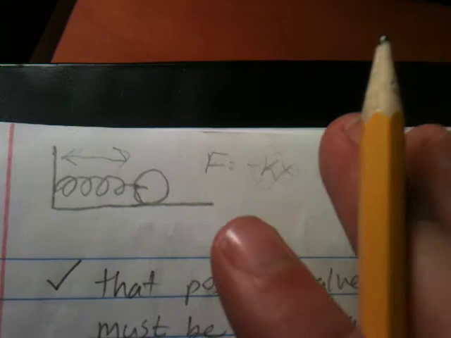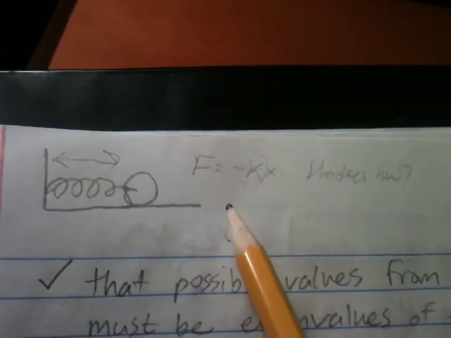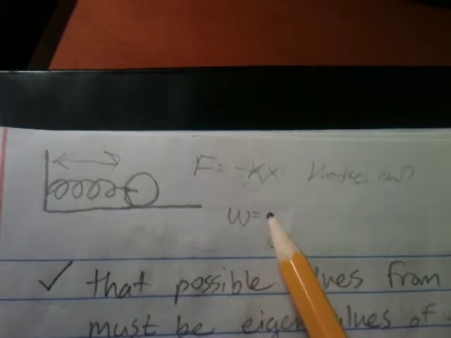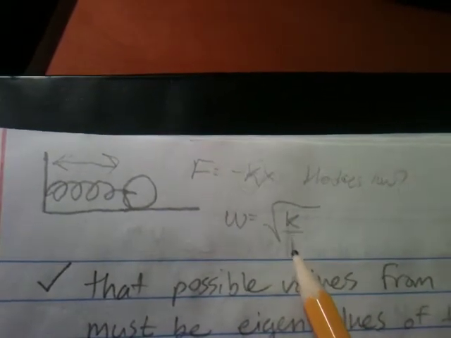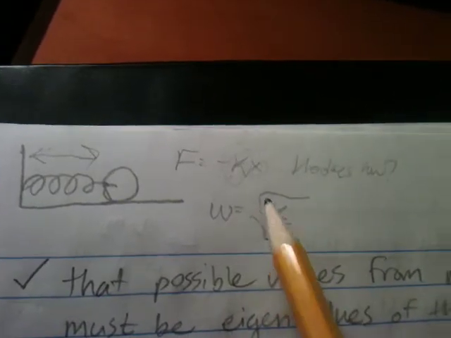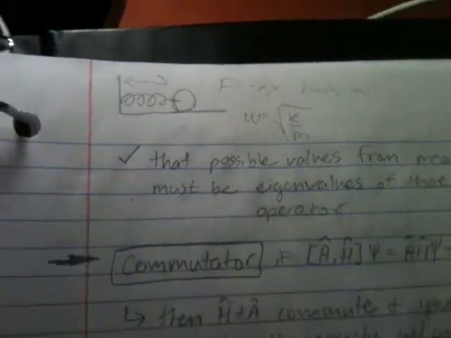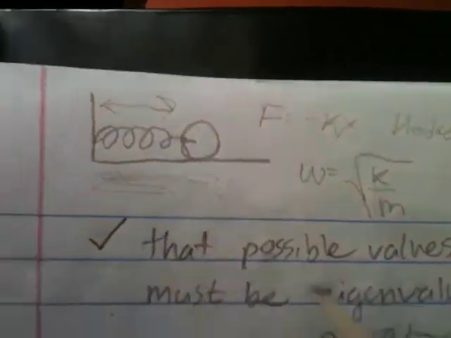Similarly, you can imagine that this frequency, in quantum mechanical terms, is related to the k over the mass under the square root. So keeping in mind this oscillation, this can go back and forth, back and forth.